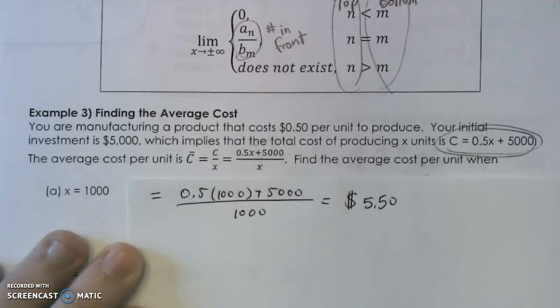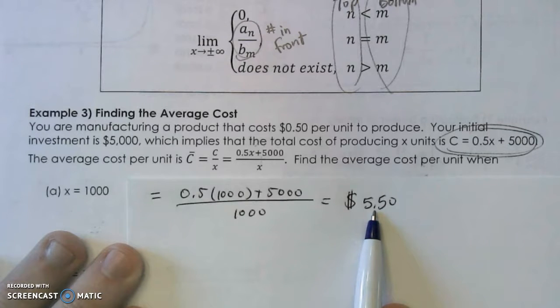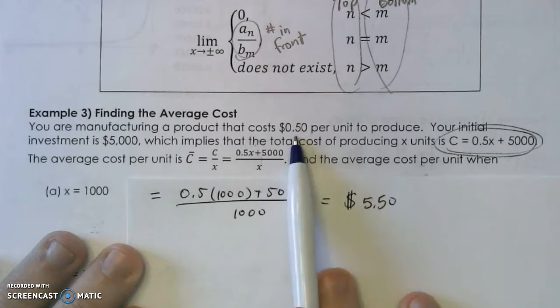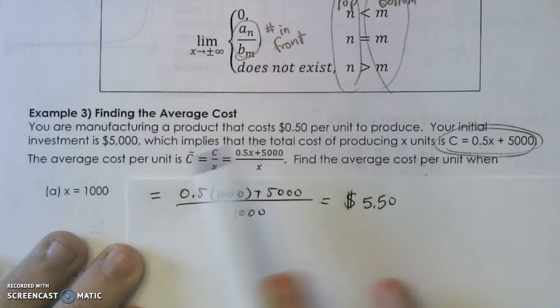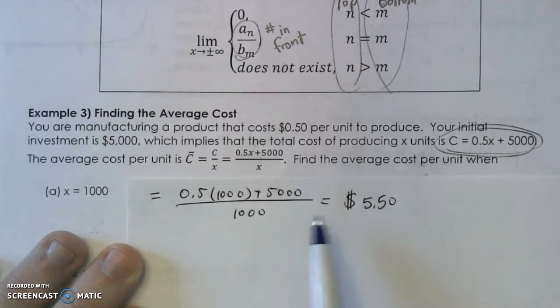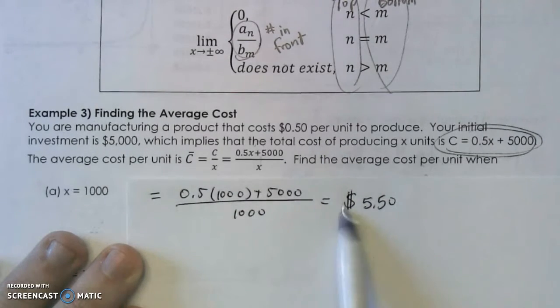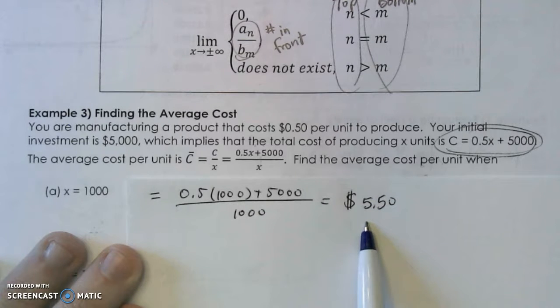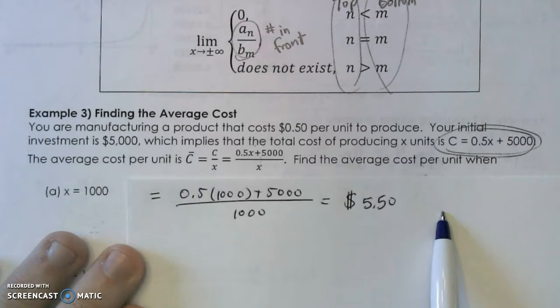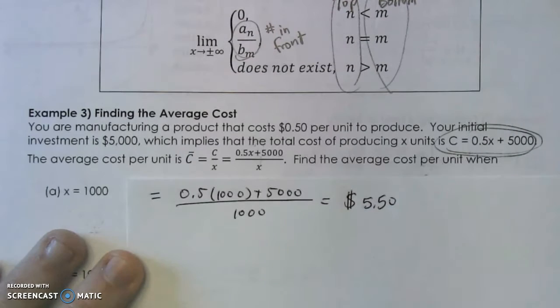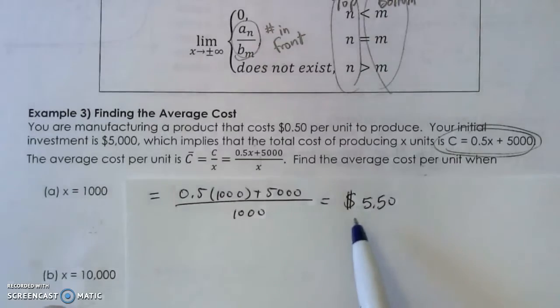And that is how much each product on average is going to cost us. So that takes into account that it's 50 cents to produce each product, and then we've got that 5,000 that we've got to split amongst how many products we're making. So let's say that we wanted to sell our product for $10, then here we are making $4.50 profit, which is good. But what if we want a better profit than that?